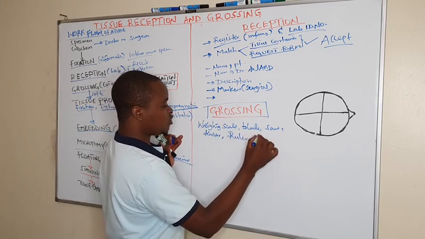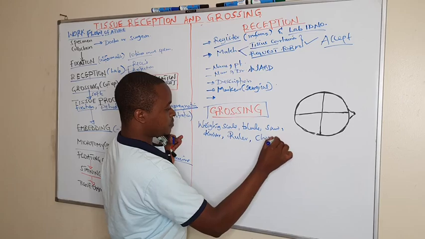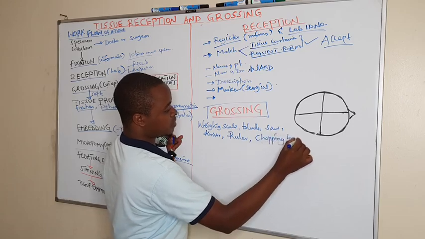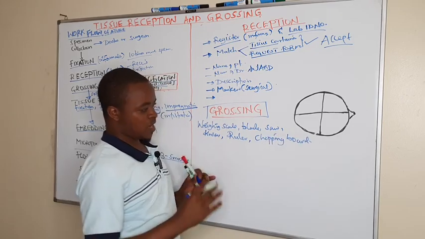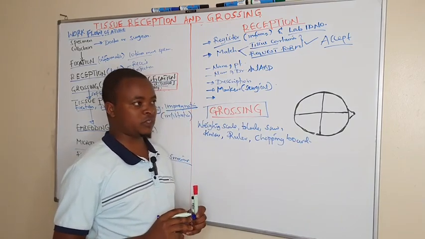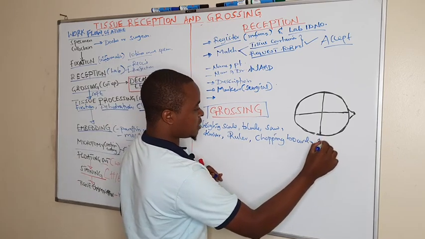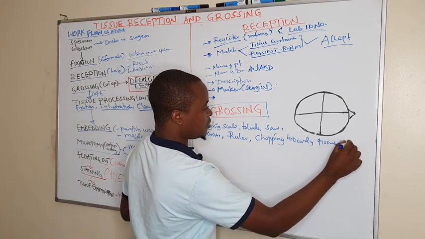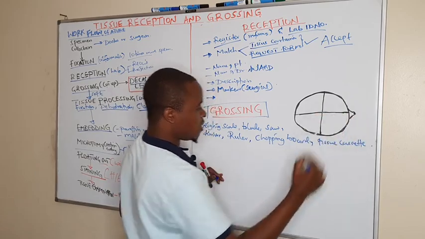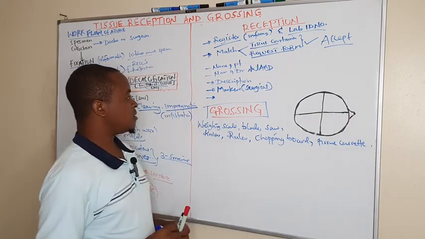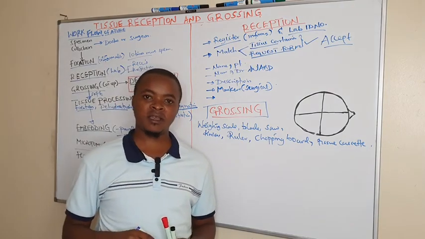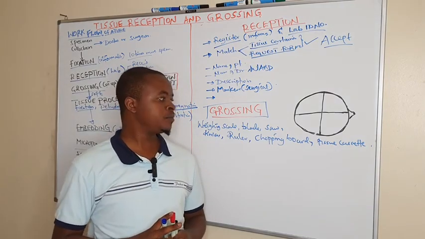We shall need a chopping board and many other things we might require. And even we shall need a tissue cassette where we shall be placing our cut sections from the mother specimen.